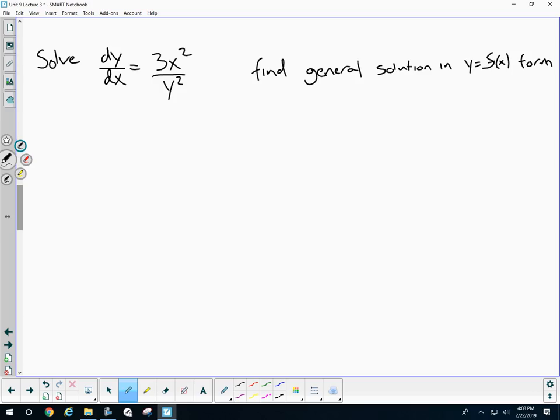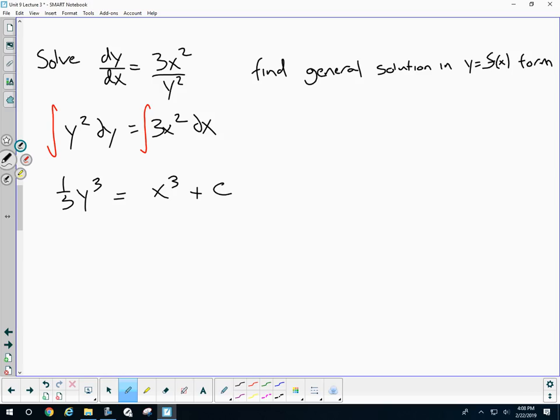Okay? We're going to find the general solution for this one, starting by separating my variables. Algebraically, multiplying by y squared and multiplying by dx. Take the antiderivative of both sides. We only need 1 plus c. Okay, now the last example, I solved for x squared plus y squared equals c, which is kind of like an implicit equation, which is great.